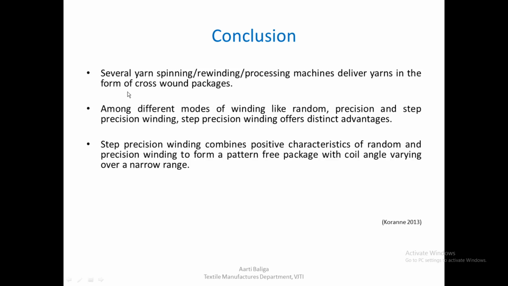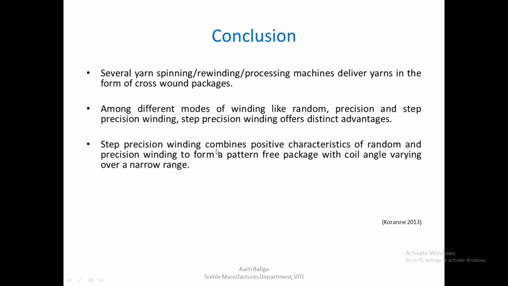So with this we have seen all the three types, and we can come to a conclusion. The conclusive slide here: the first point is that several yarn spinning, rewinding or processing machines deliver yarn in the form of a crosswound package. Among different modes of winding like random, precision and step precision winding, step precision winding offers distinct advantages which we have just seen.